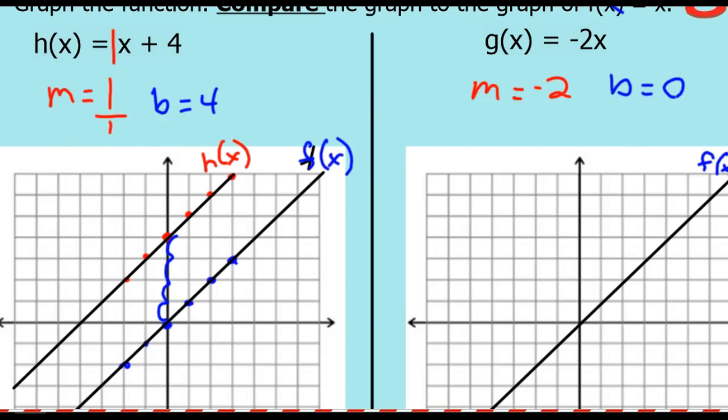So we're going to start at 0. Now it's -2 or -2 over 1. So we're going down 2 over 1, down 2 over 1, or up 2 to the left 1, up 2 to the left 1.